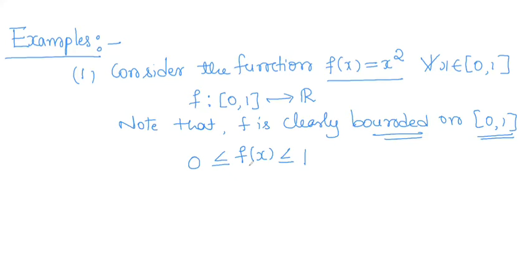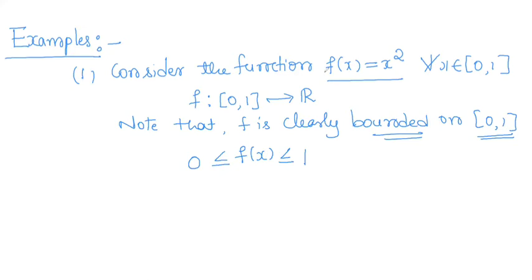So what is f of x? It is x square. As x varies from 0 to 1, x square also varies from 0 to 1 only, right? So f of x lies in between 0 and 1, right? So f is a bounded real valued function. Now we shall see, is it Riemann integrable, or how Riemann integrability works with this real valued function.